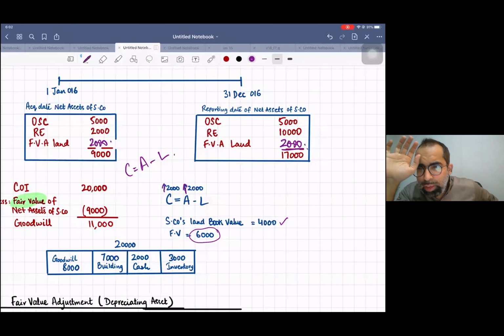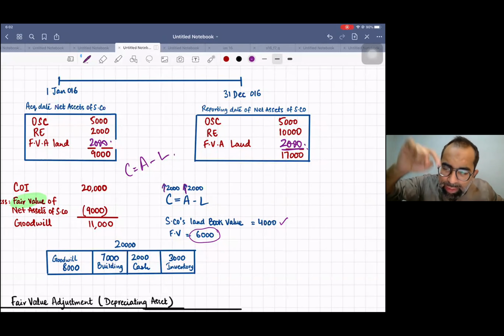So how are we going to account for the fair value adjustment? Fair value adjustments are simply adjusted in the acquisition date net asset packet and the reporting date net asset packet.